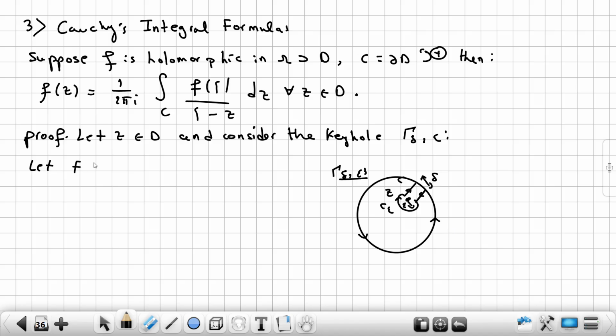Let capital F of psi be equal to f of psi over psi minus z. This function is of course holomorphic away from the point psi equal to z.